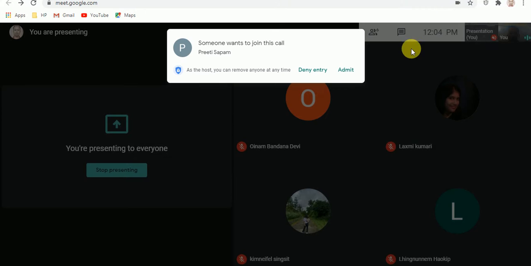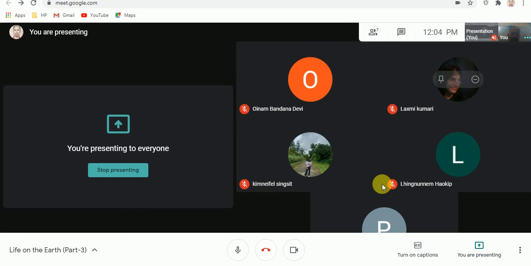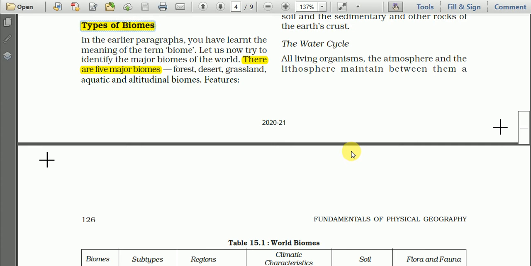So what are biomes? Do you remember? Biomes refer to large ecosystems on the earth.